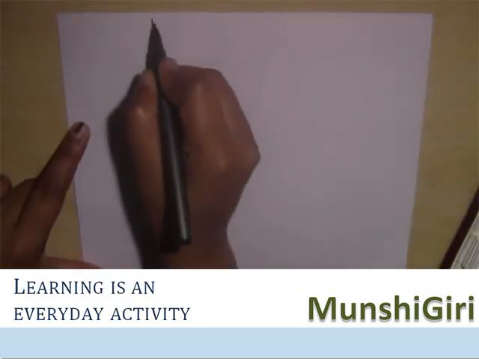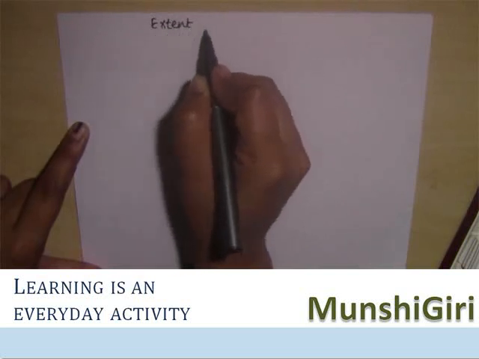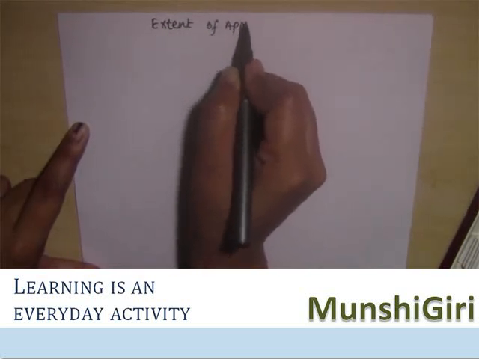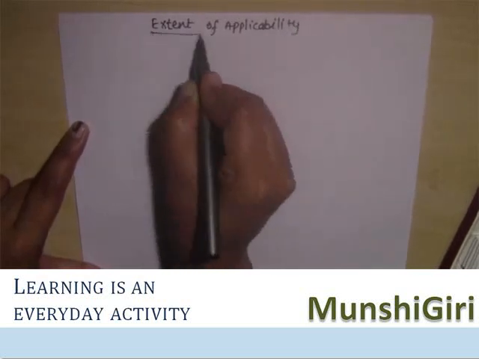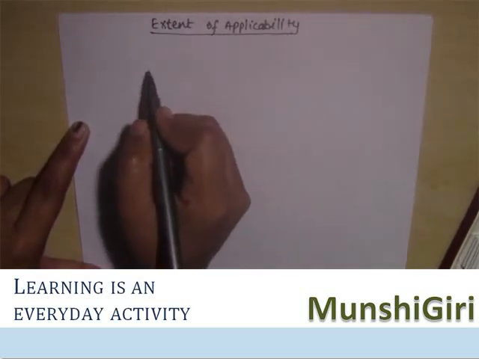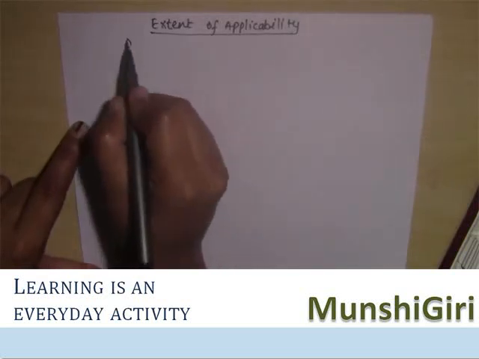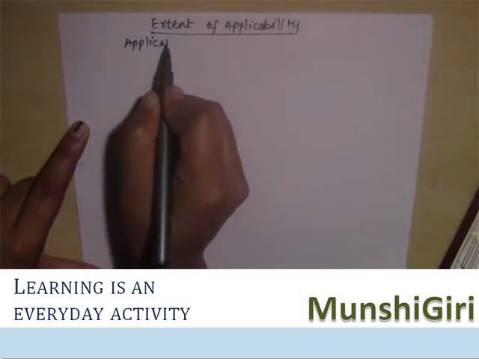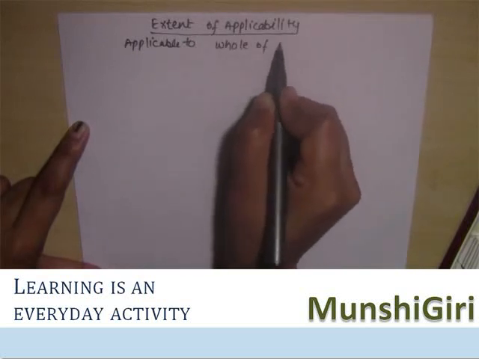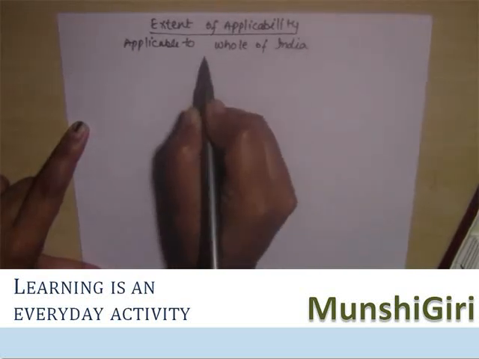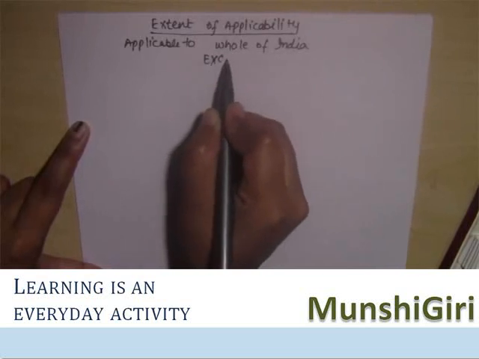The Indian Contract Act 1872 is applicable to the whole of India, except the state of Jammu and Kashmir.